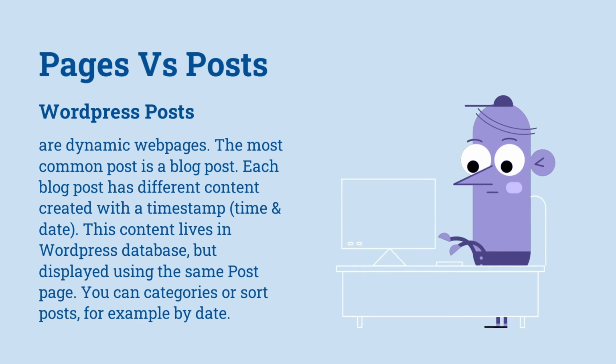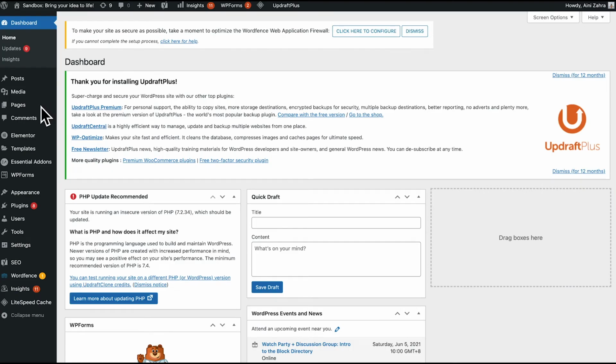Each blog post has different content created with a timestamp, with time and date, and this content lives in a WordPress database, but is displayed using the same post page. You can categorize or sort posts, for example, by date. This is something that you cannot do with pages. On the WordPress dashboard, you can find the pages here and the posts here. Remember, pages are static and posts are dynamic.